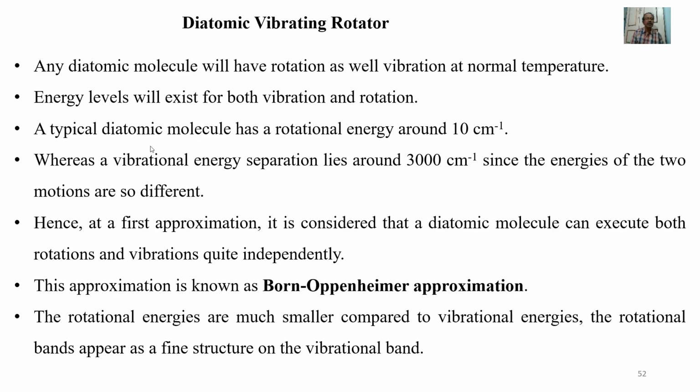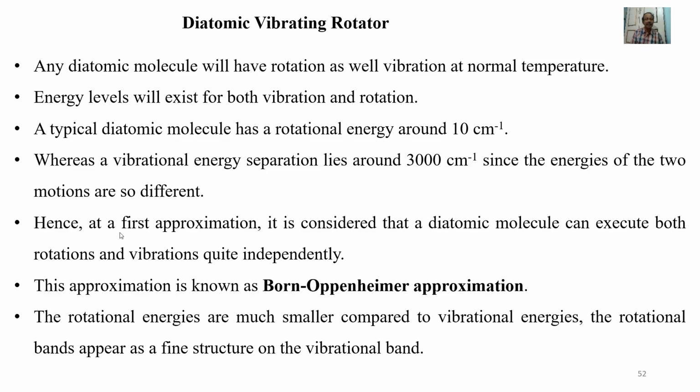A typical diatomic molecule has a rotational energy around 10 cm^-1, whereas a vibrational energy separation lies around 3000 cm^-1, since the energies of the two motions are so different.